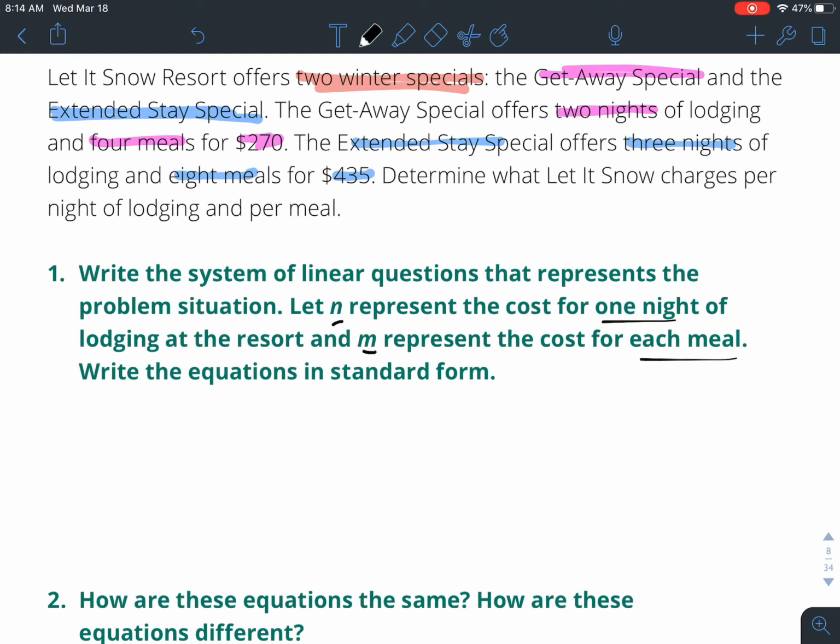So the first one is, if we look at this, we have 2 nights of lodging. So we will use that as 2N for our first one. And we'll also do plus, there's 4 meals, so we're going to use 4M for the meals.